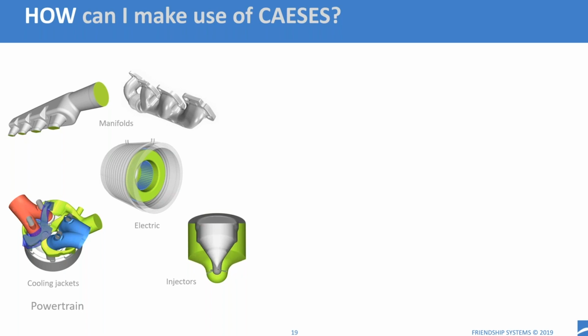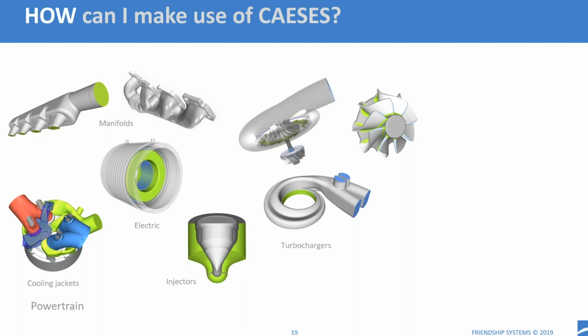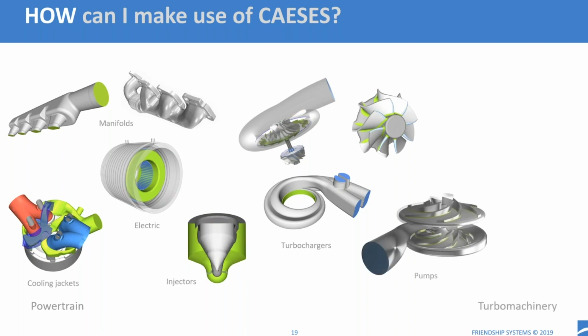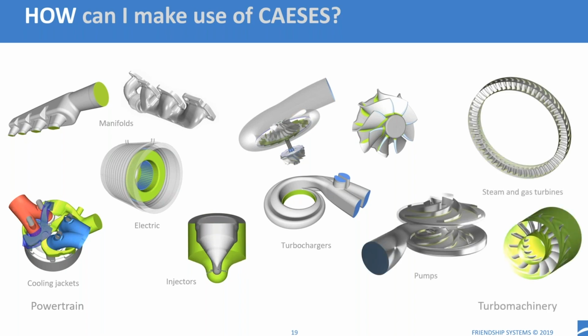And if we move a bit further away from the engine itself, turbochargers are also a very good and popular application for our tool, and that, so to say, gives also the transition to other different applications in turbomachinery, such as pumps and gas turbines and steam turbines.